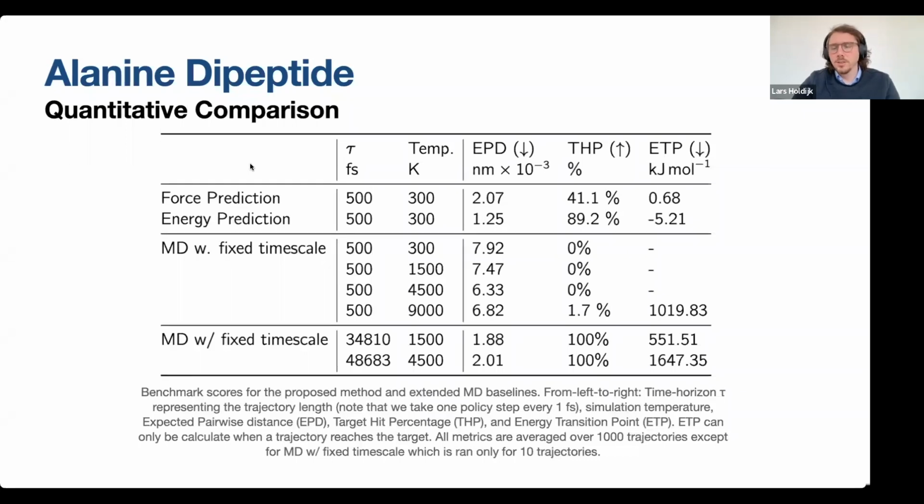So it's the pairwise distance to the target state. We have a target hit percentage, which is based on collective variables. Here we evaluate our method using the collective variables, which we normally wouldn't know, but we can use them for evaluation. And then there's an energy transition point, which is the highest point of the potential energy along the barrier. So we want this to be as low as possible.